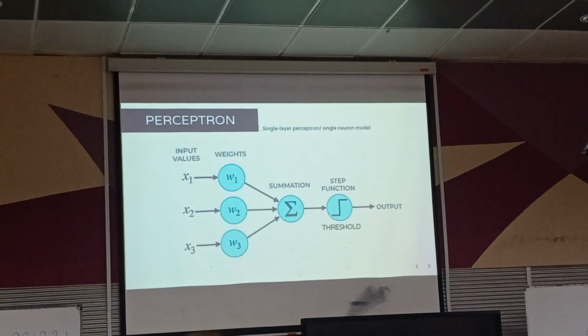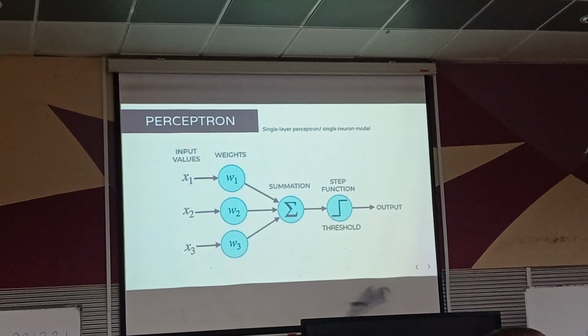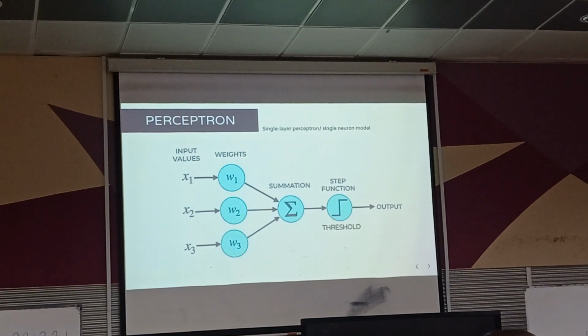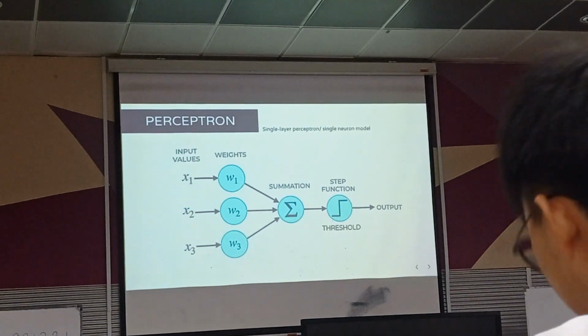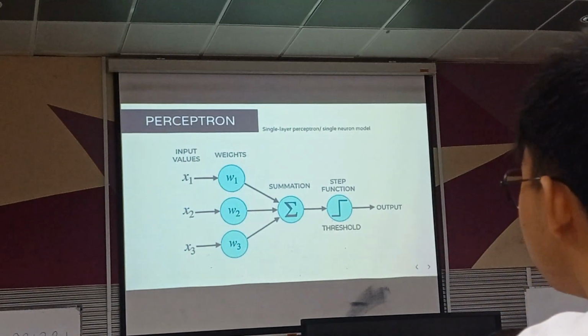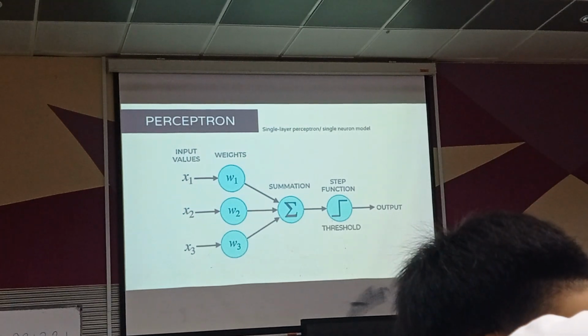At the first iteration, this weight will be randomly generated. So we have W1 corresponding to X1, W2 to X2, and W3 to X3. This is the synapse, or the weight.